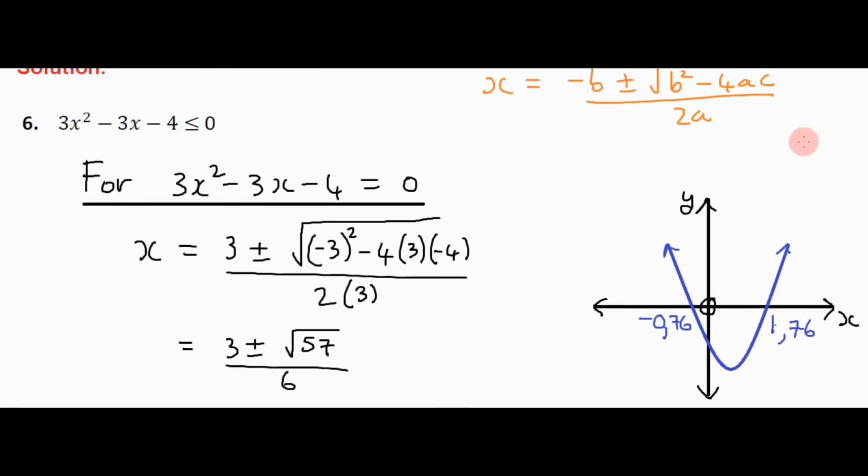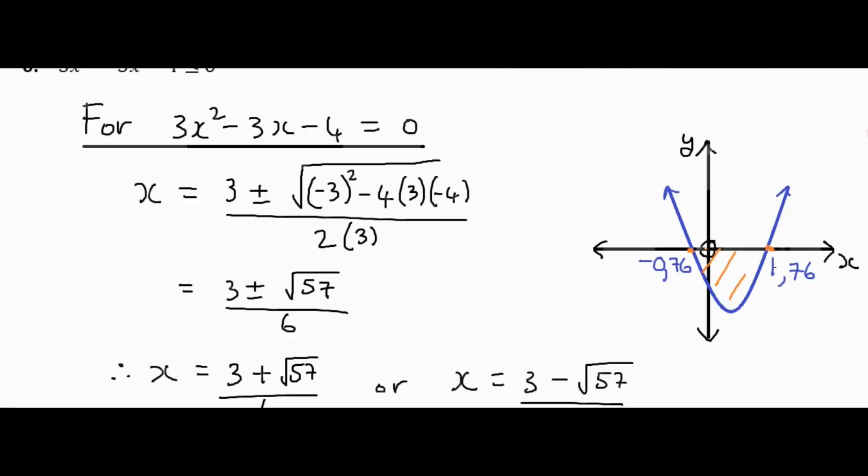Now, the original inequality says that the left-hand side, which is also an equation of the parabola, must be less than or equal to 0. So it's 0 at these two numbers, negative 0,76 and 1,76, and negative or below the x-axis for this region, for all x's between these two numbers.